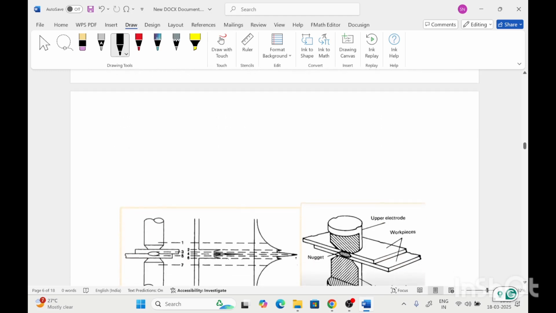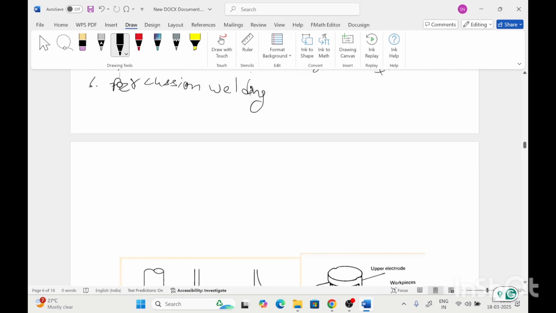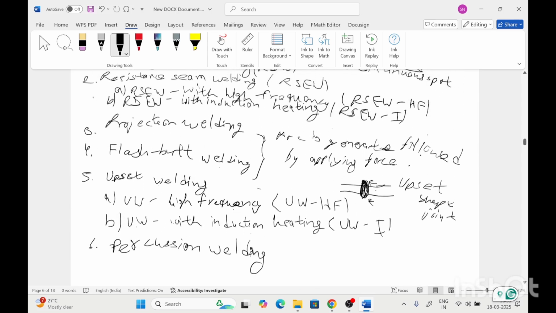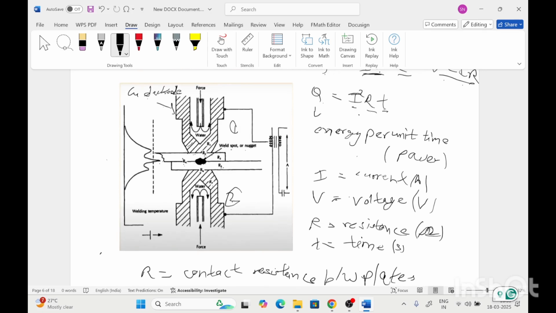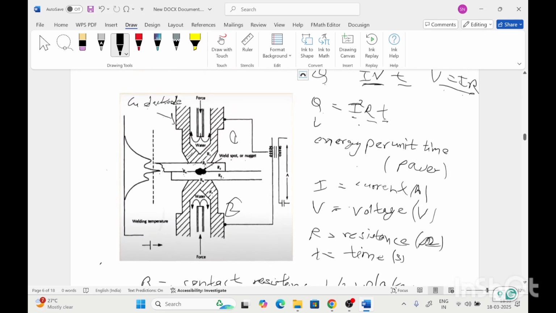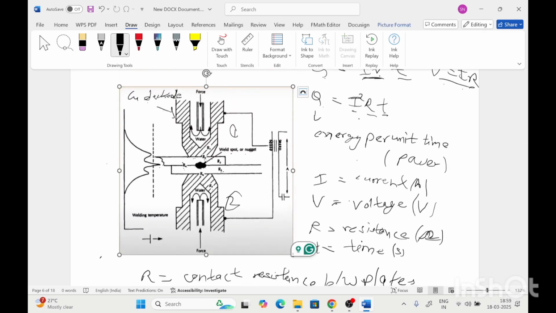So first we will discuss resistance spot welding. The schematic of this resistance spot welding and its mechanism is according to this schematic.